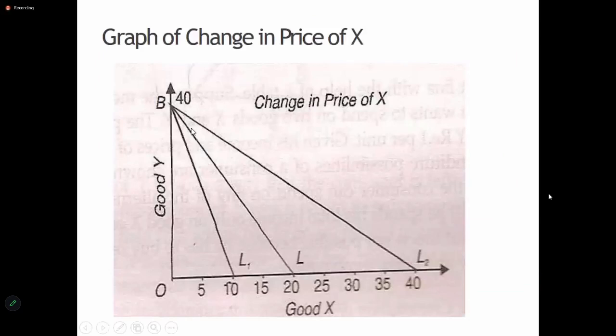Let's say the initial budget line is like that. When the price of the good is decreasing, should this shift to the left or right? Just decide, if this is the initial budget line. With an increased price of X, let's say the price of X is increasing, will the budget line move to the right or left?